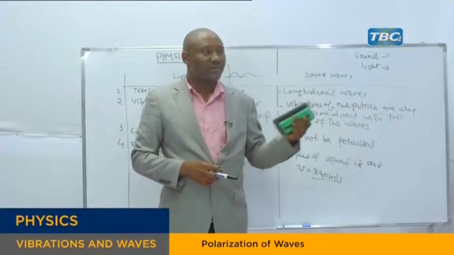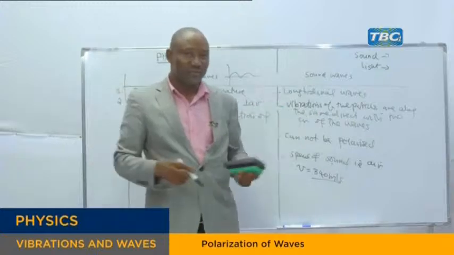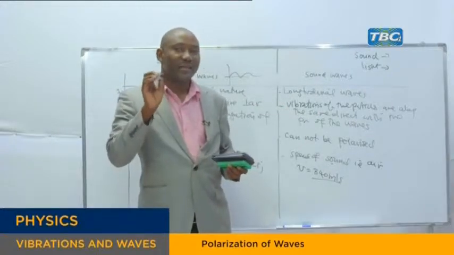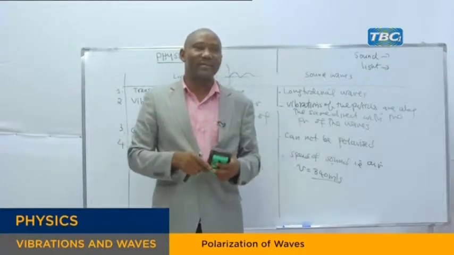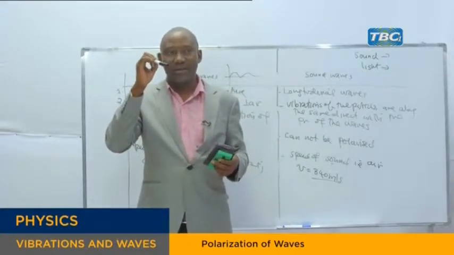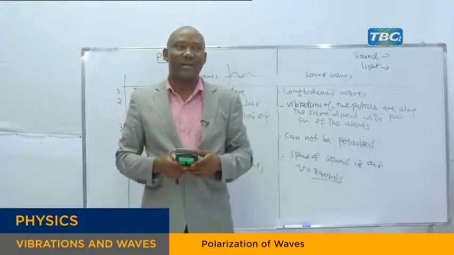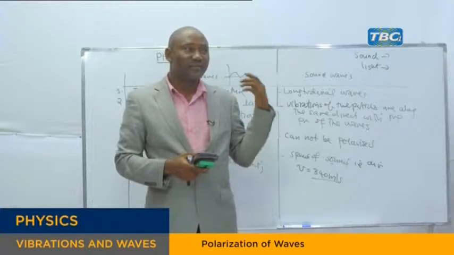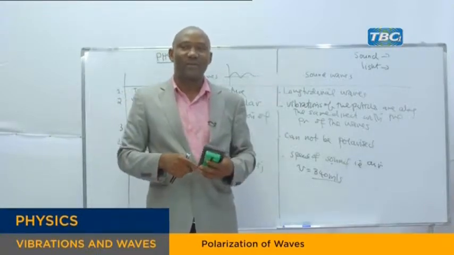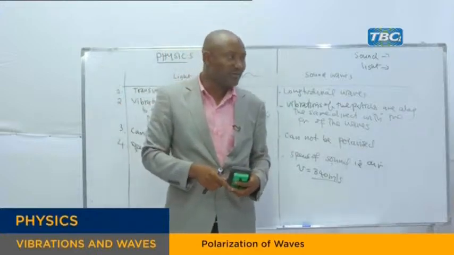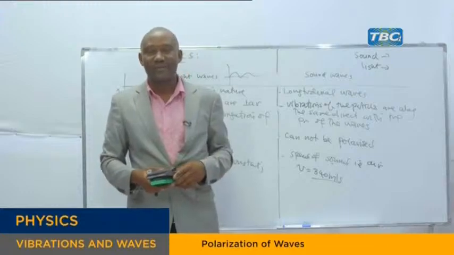Different cameras take pictures from different angles, and they apply polarized light, vertical or horizontal. At the end, they combine the two so that your right eye sees the image from the camera on the left, and the left eye sees the image from the camera on the right. From that, you can see the whole image of that object. Very interesting. That's what makes the concept of polarization interesting in our life.